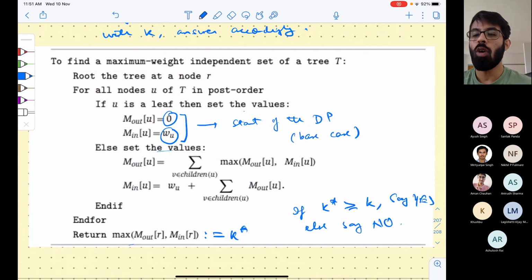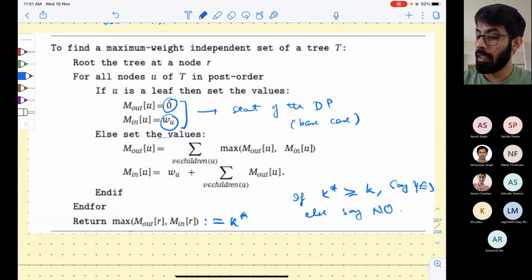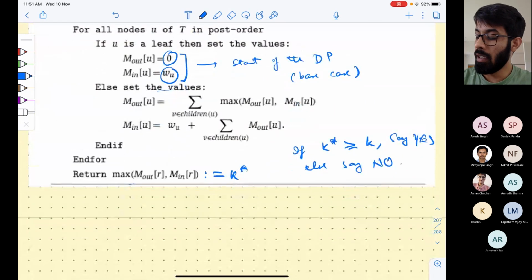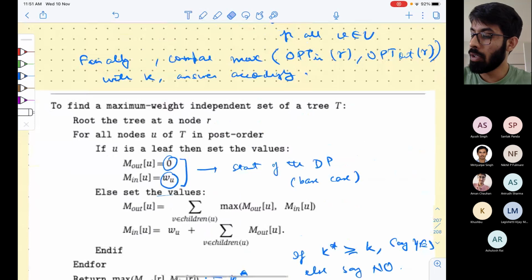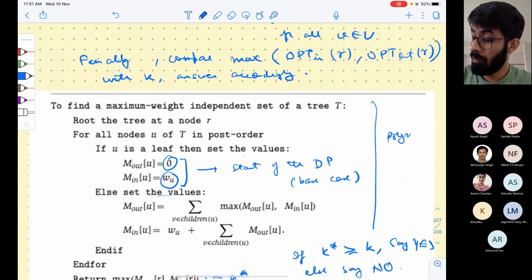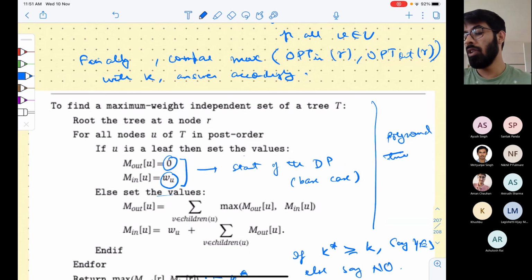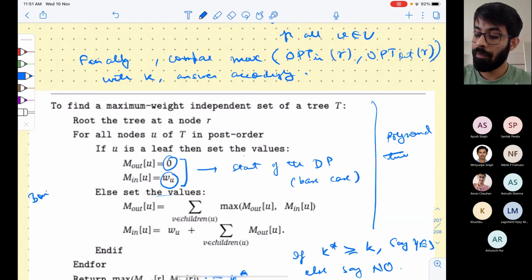And in fact, it can be solved on some generalization of trees using DP. So this is polynomial time. You can do a running time analysis. It can even be solved in polynomial time on a generalization of trees, which is called bounded tree width graphs.